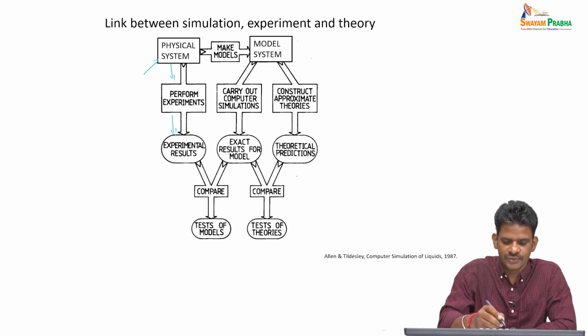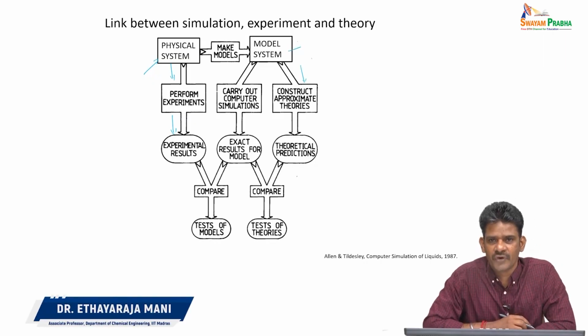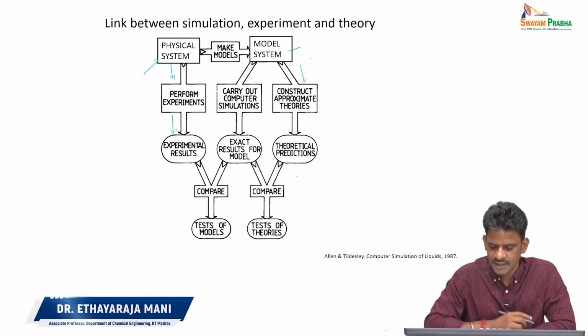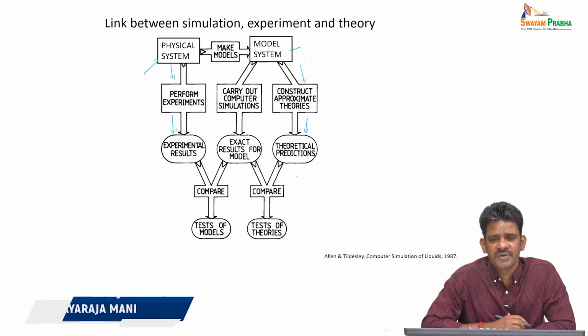The other one is to take the physical system, construct a model, and then develop a theory, an approximate theory most oftentimes, and then predict the theoretical results, and this can be compared with the experiment.